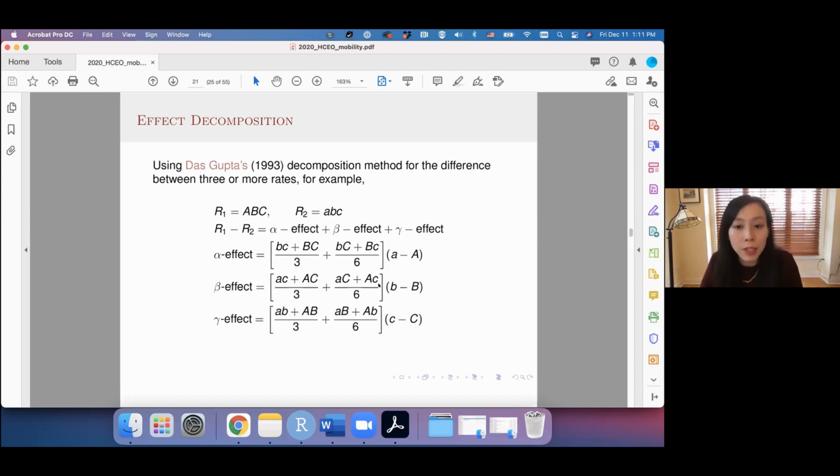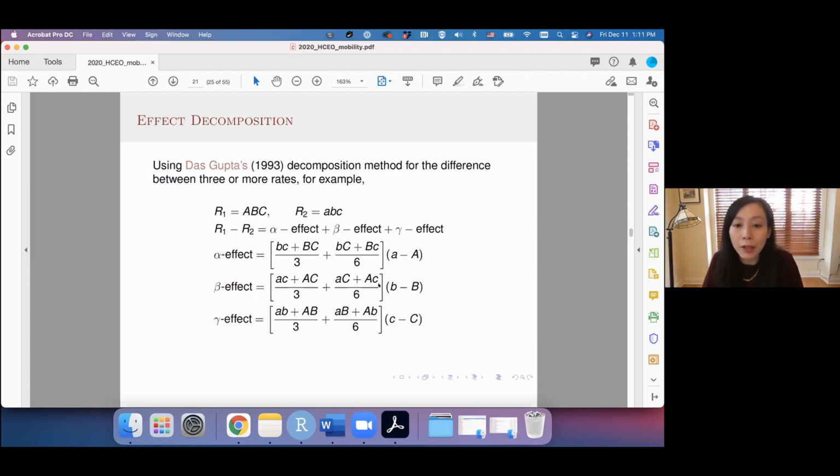We can decompose it into three components: differences in the proportion of women in those two populations, then the proportion of childbearing women in those two populations, and further, among those childbearing women, the differences in the fertility rates between those two populations.